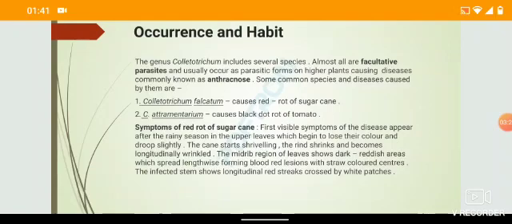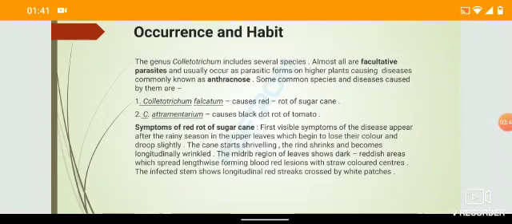Now we'll discuss the symptoms of red rot of sugarcane. This Colletotrichum falcatum causes red rot of sugarcane.